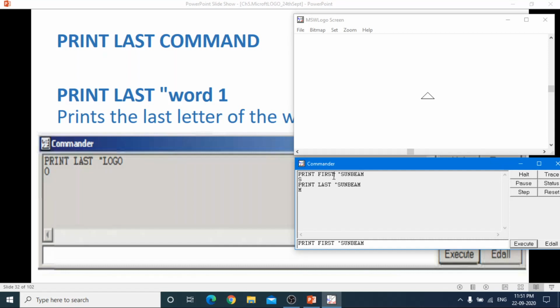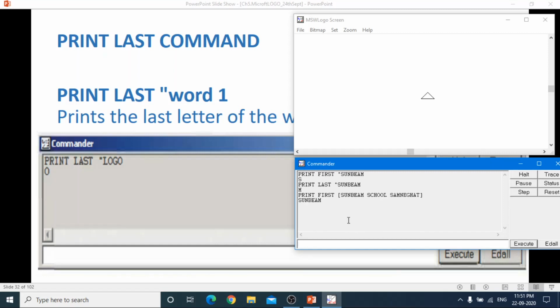Now if you want to print the first word from the list, then you have to put the bracket here. See, the square bracket, sunbeam, then school, then Samne Ghat, and close the bracket and execute it.